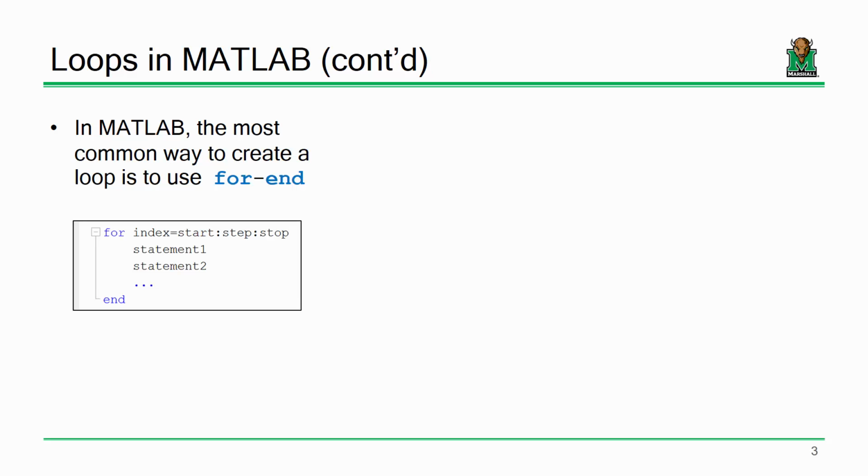All right, now the syntax in a for end pair is you have to tell it how many times to do it. And the way that MATLAB is set up for defining is that there's a counter value, and that's here called the index.